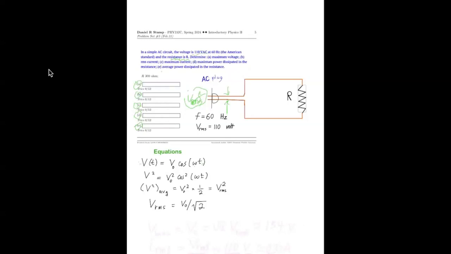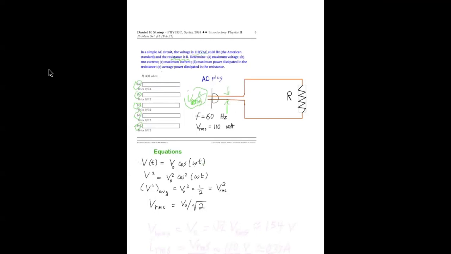If we take the average of both sides of the equation, the average of V squared will be V0 squared times the average of cosine squared omega t. As t changes, cosine squared alternates between 0 and 1, so the average value will be a half.